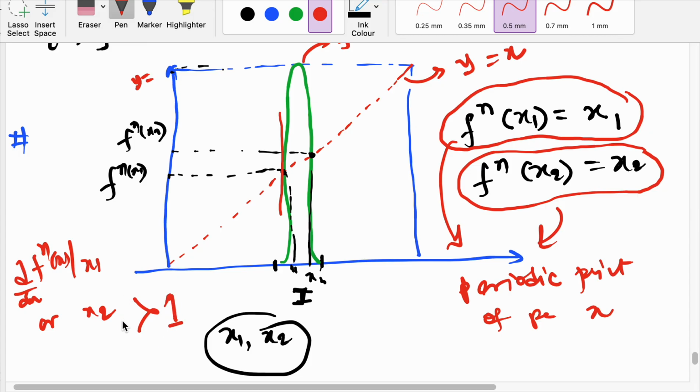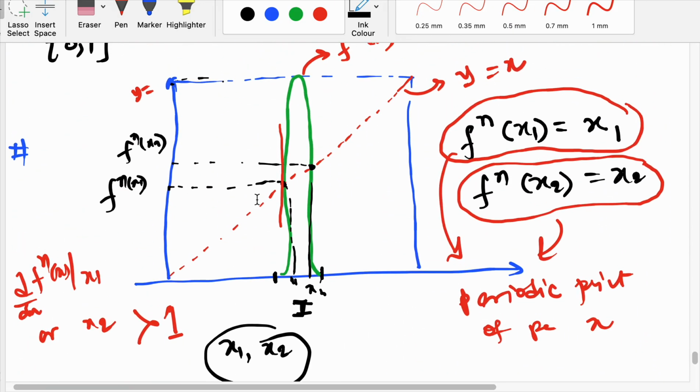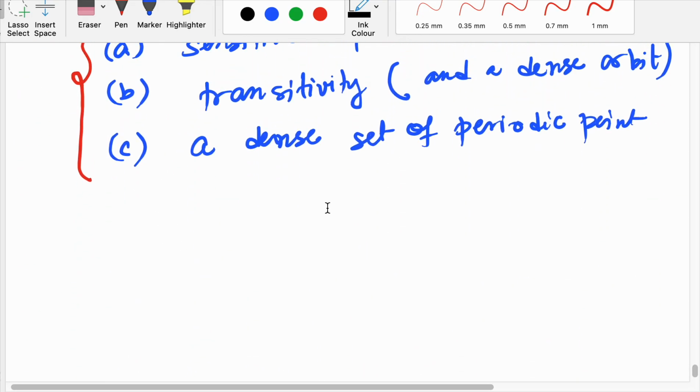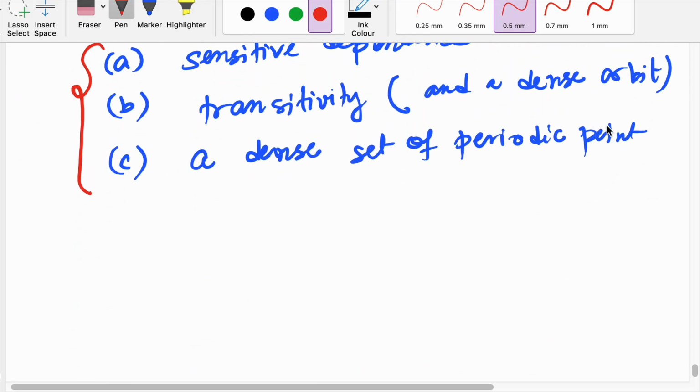Since it is larger than 1, although these are periodic points, they are not stable ones. So any point I start neighboring these two points will not go toward them, it will move away. So the existence of dense periodic points is fine, but all these periodic points are unstable.